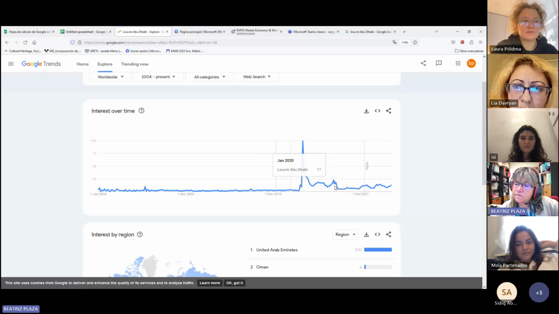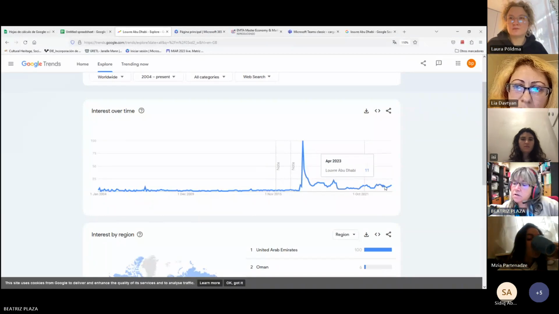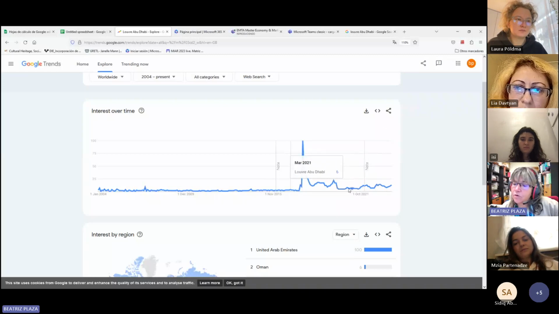Okay, very well done. So can you see that in December 2019 there is a peak here? Follow the seasonal pattern with your mouse. Can you see that I'm following the seasonal pattern with my mouse?